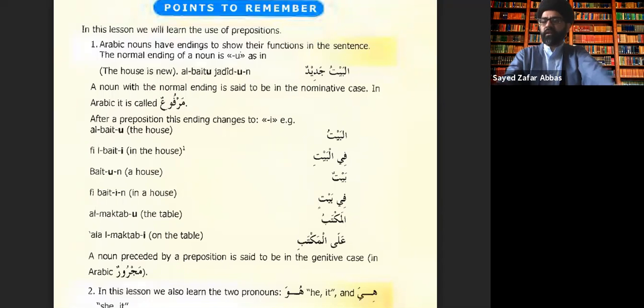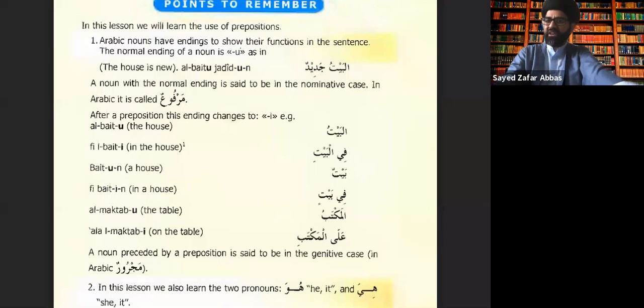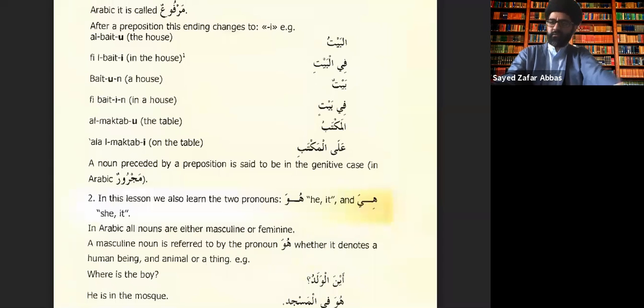So what was the example we gave here? Al-baytu became fil bayti. Baytun fi baytin. Al-maktabu ala al-maktabi. The table or the desk on the table.